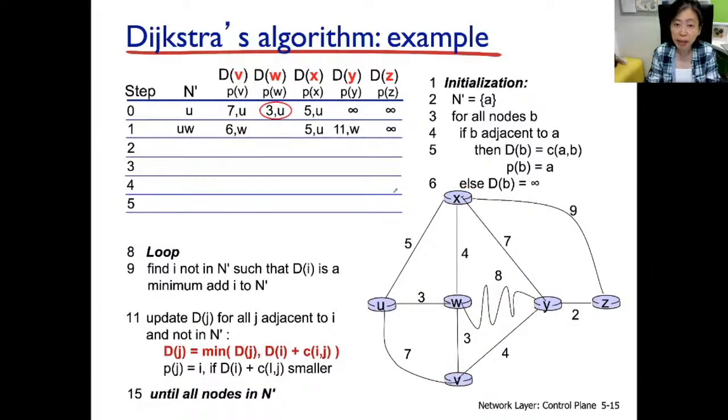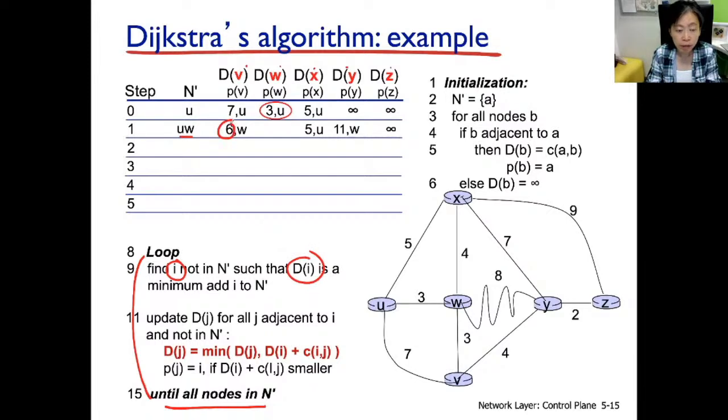So what do we do next? Well, we're in the loop, and we are not in the condition to end the loop yet, so we're not done. We have only U and W in N prime. There are more nodes we could consider adding to the N prime set. And the way we add to the N prime set is to pick I such that di is the minimum.